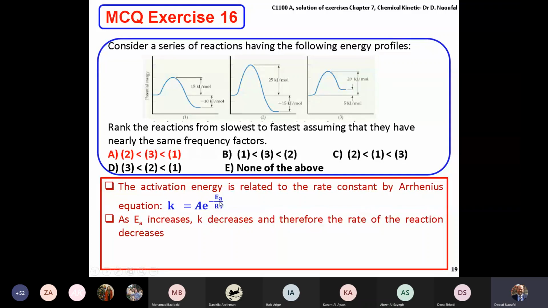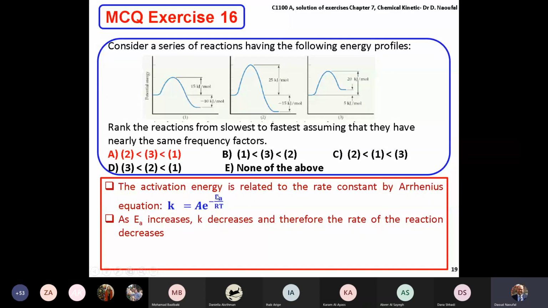So if you observe, since the temperature is constant and A is constant, R is constant, as the activation energy increases, minus EA divided by RT decreases, so e to the minus EA divided by RT decreases, so the rate constant decreases.